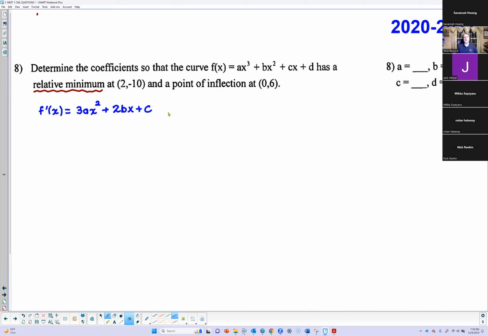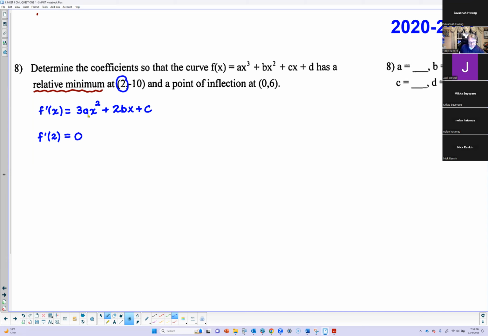So what is it that you guys will plug in for x? 2, right? So f prime of 2 has to equal 0. You're using the definition of a critical value. And so you're going to be able to actually solve something here.